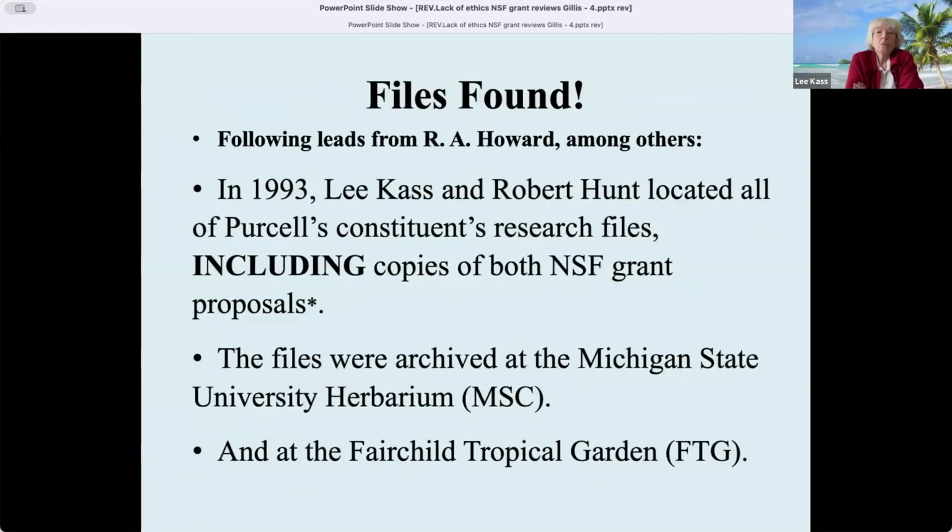Now, with the help of Richard Howard, among others, we tracked down the grant proposals. In 1993, my husband and I located all of Purcell's constituents' research files, including copies of both National Science Foundation grant proposals.